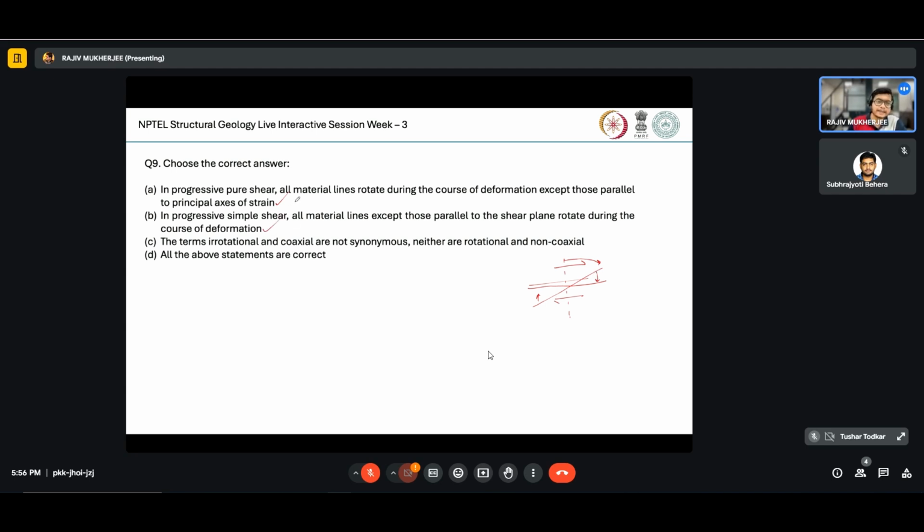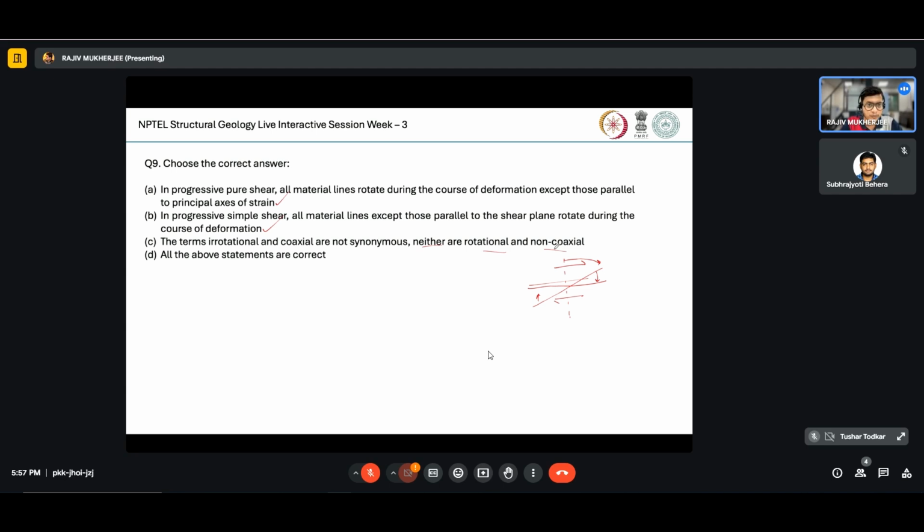Option C tells that the terms irrotational and coaxial are not synonymous, neither are rotational and non-coaxial. Yes, of course, because coaxial deformation can also involve rotation. Any lines that are not parallel to the principal axis of strain will also rotate during pure shear, which is actually coaxial.